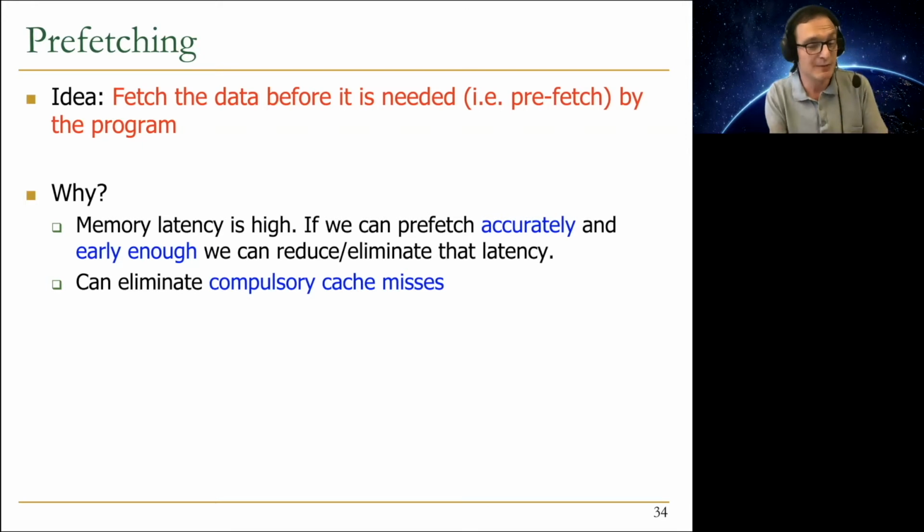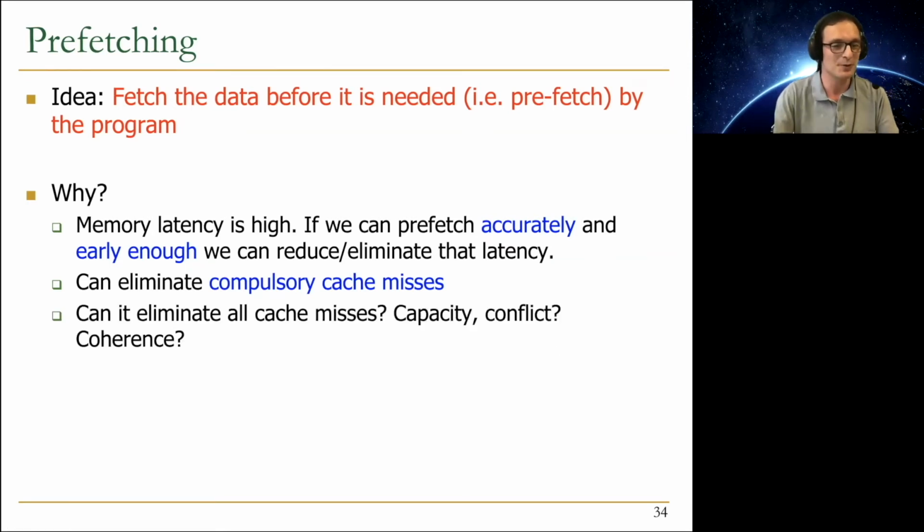And that's reactive by definition because you have to see that reference to that memory location. In prefetching, you don't need to have required that memory location before. You basically guess, oh, I'm going to need this memory location potentially, so let me get it into the cache or into a buffer. It doesn't have to be the cache also. This way, you can eliminate compulsory cache misses. You don't have to see the cache miss at all. So you can completely eliminate all cache misses actually this way.